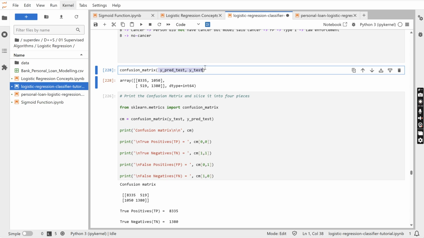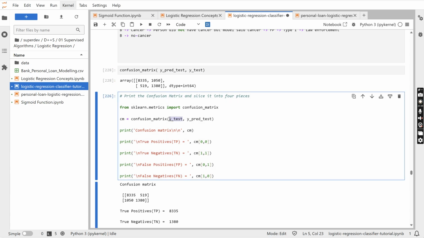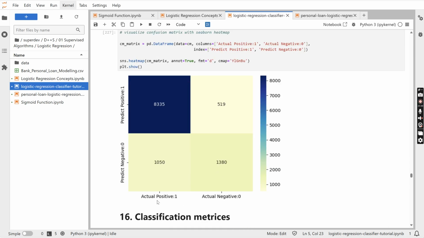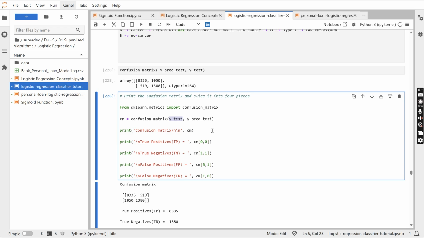Okay, so if you use y test first in the order, your actual will be either on the bottom or on the top. That means your x-axis will be actual because you're using y test first.